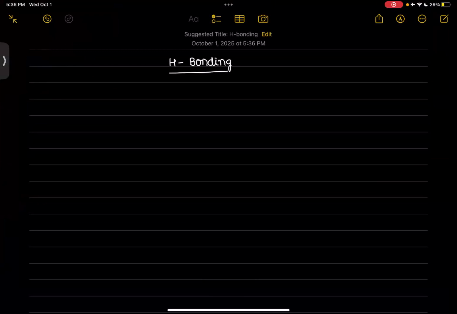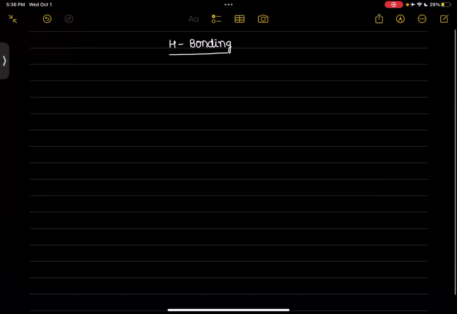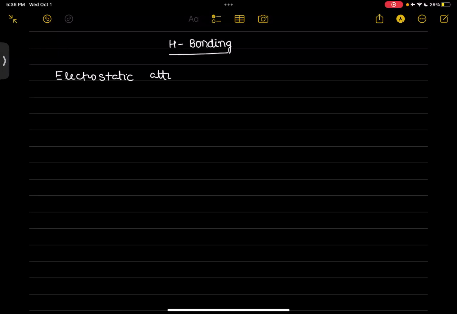Hydrogen bonding. So hydrogen bonding is basically the electrostatic force of attraction.